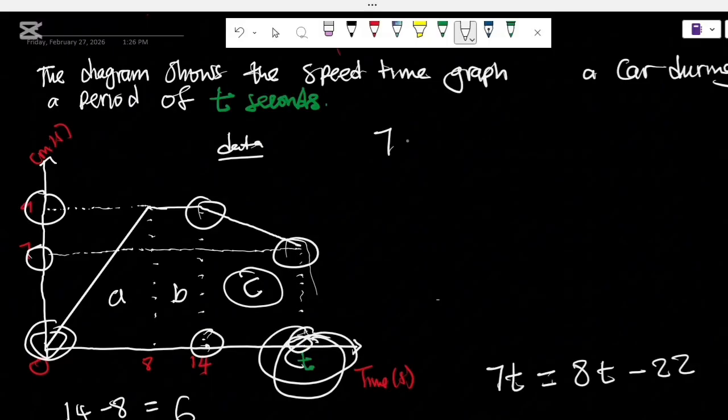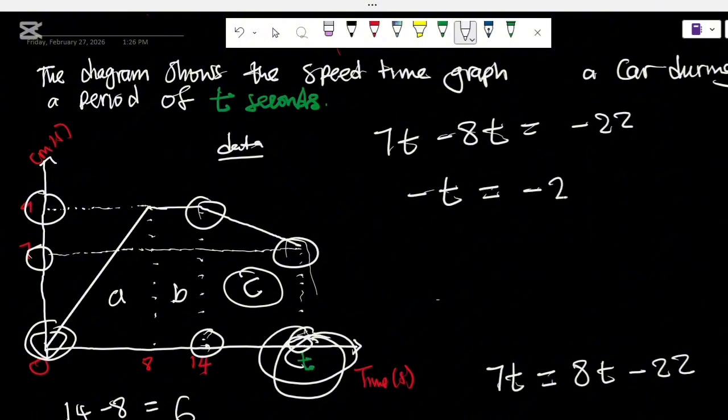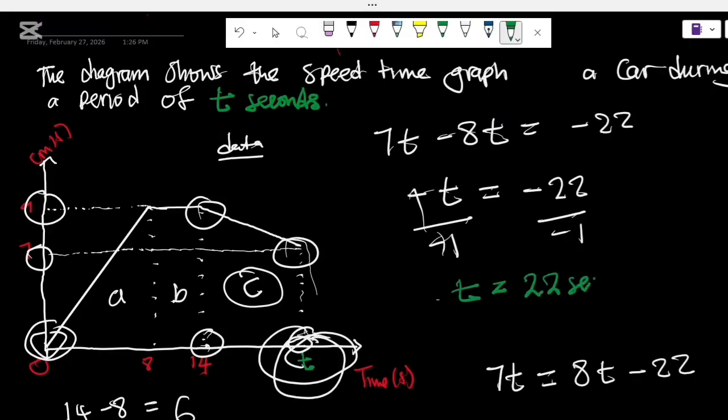So we're going to have 7t minus 8t is equal to negative 22. So this is going to be 7t minus 8t is negative t, which is equal to negative 22. So we are not solving for the value of negative t, rather the value of t. So we're going to divide this by negative 1 to cancel that negative sign, and t is going to be equal to 22 seconds. And so this is our final answer.